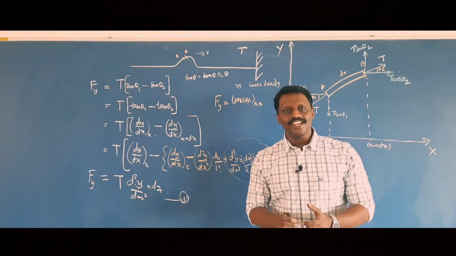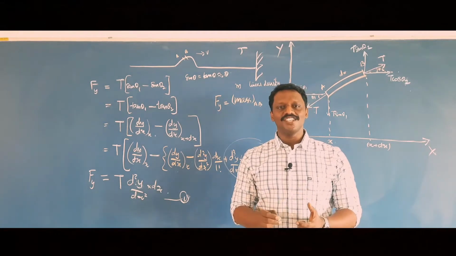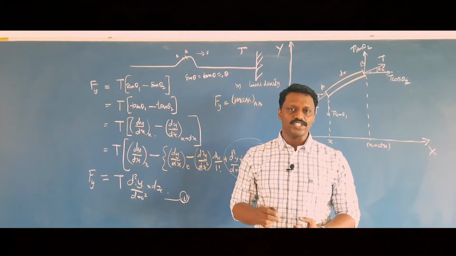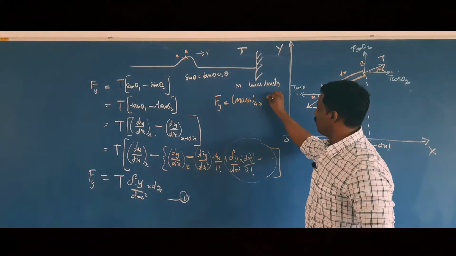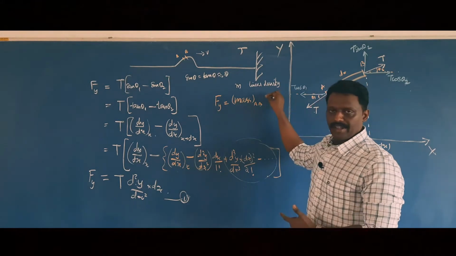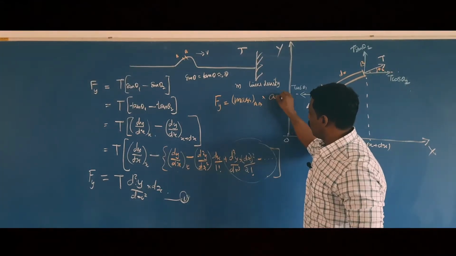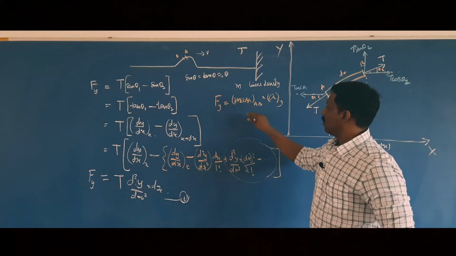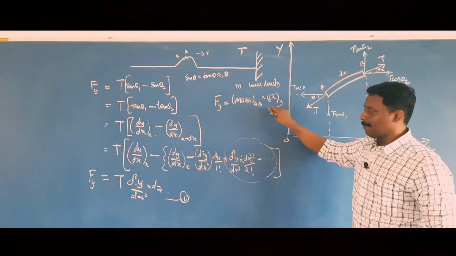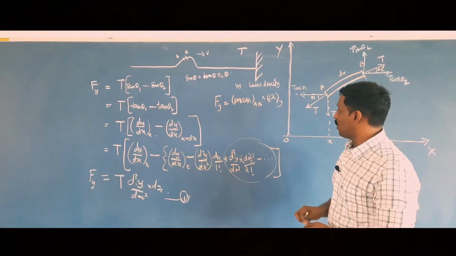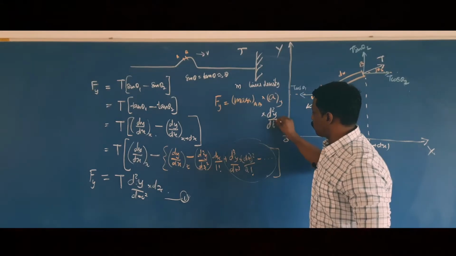Now acceleration is the time rate of change of velocity, and velocity is the time rate of change of position. The change in position is given by the displacement in the vertical direction, so it will be replaced with d square y by dt square in the next step. So generalizing, the force on the segment AB will be the mass of the segment AB multiplied by the acceleration in the vertical direction, which is d square y by dt square.